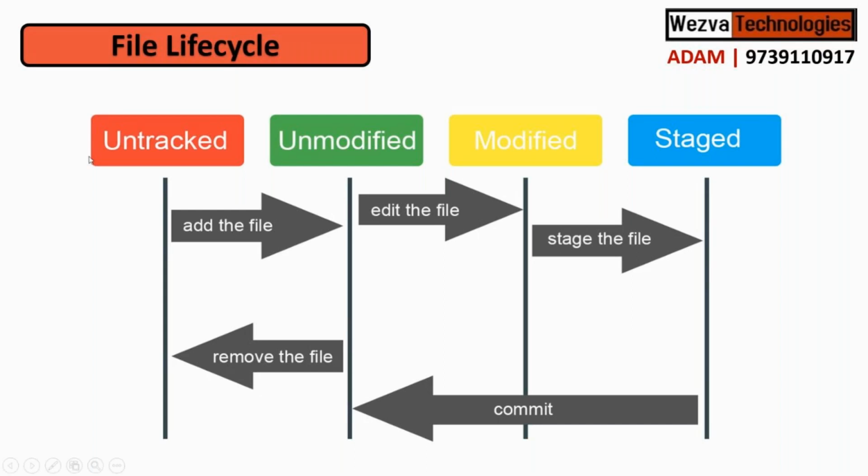The moment you put a file into the staging area, it will create a snapshot, and that's where it starts tracking. So directly you will not be putting any file from your working directory to the repository. If you see a file which is called untracked, the meaning of that is you have not yet added the metadata of that file into the repository, or at least the staging area.